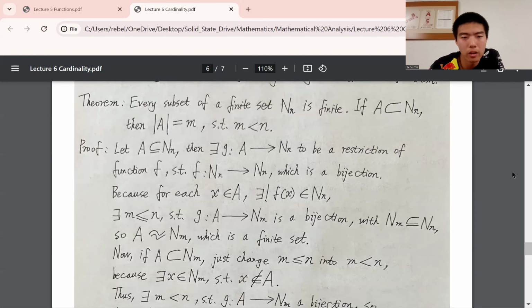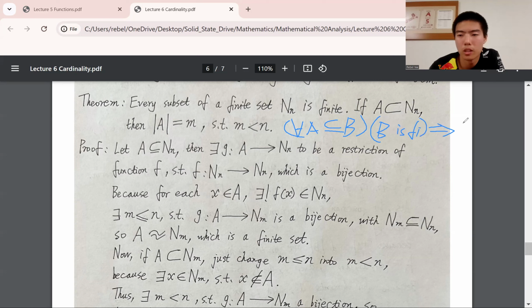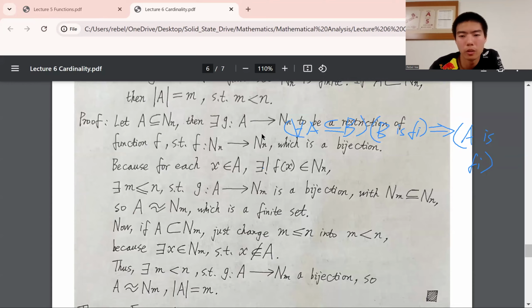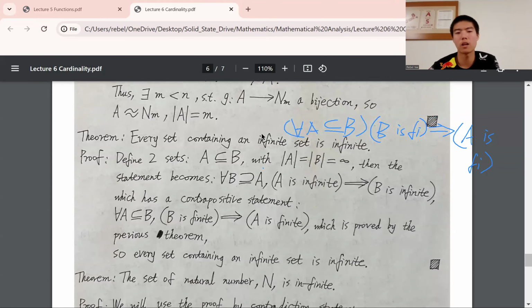And here, how we can write this one is: for all A, which is a subset of B, if B is finite, it means A is finite. This is what we define here, and this is the same statement as the theorem. And we prove its correctness.